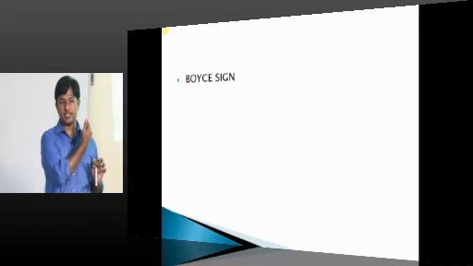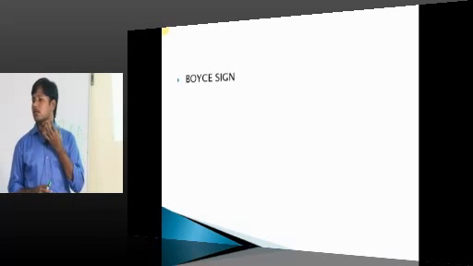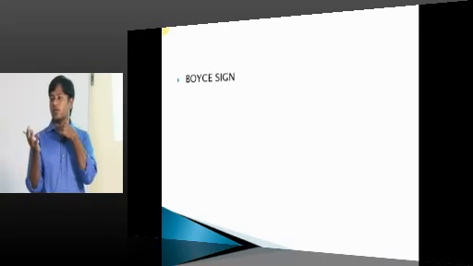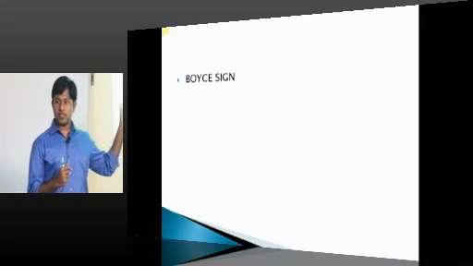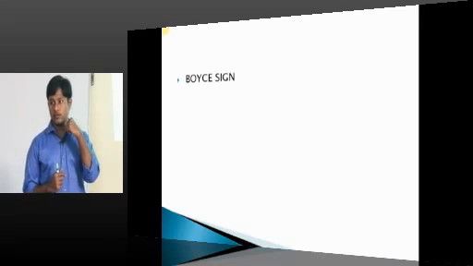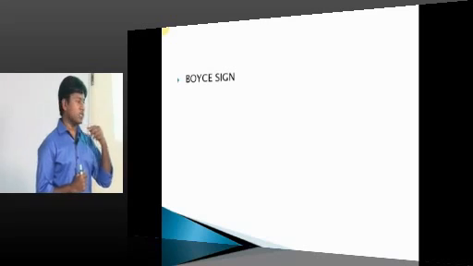Most commonly it is the left lateral side. You have a small swelling like this here. Whenever you press that swelling, you will get a gurgling sound because of the stasis food. Boyce's sign is gurgling sound on palpation.